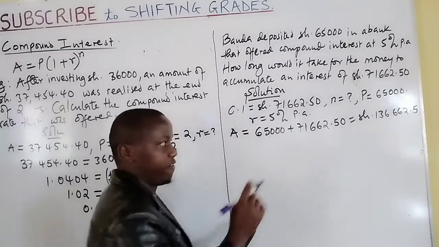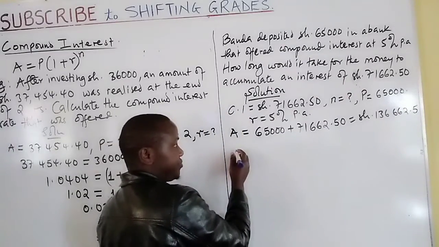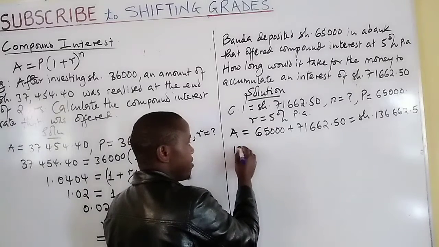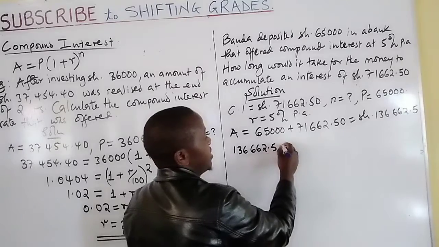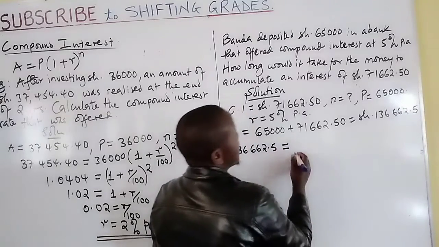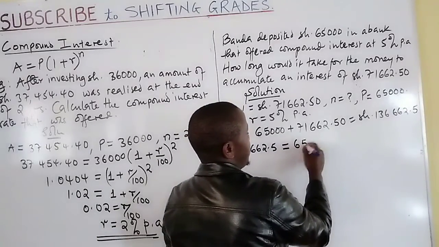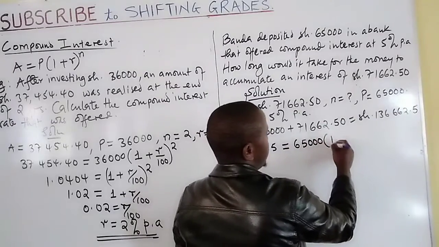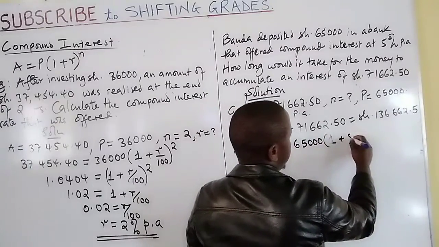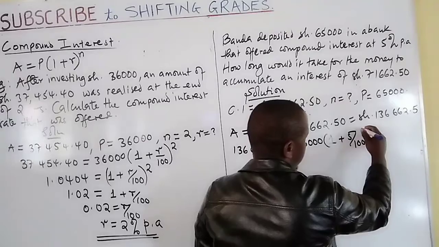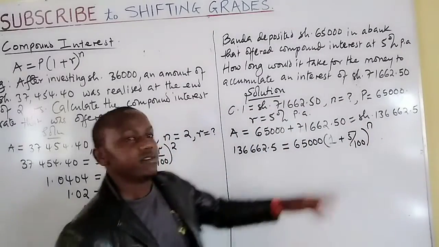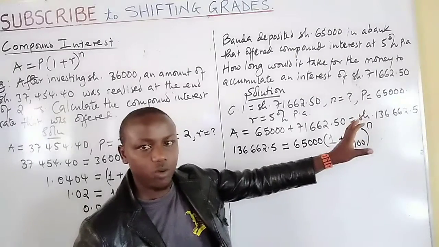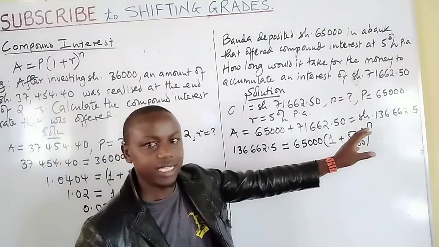Therefore, now we can go to the formula and say amount, which is 136,662.5, is given by the principal, 65,000, into 1 plus a rate of 5% raised to n, which is the number of interest periods, and we don't know. It's what we're calculating in this case.